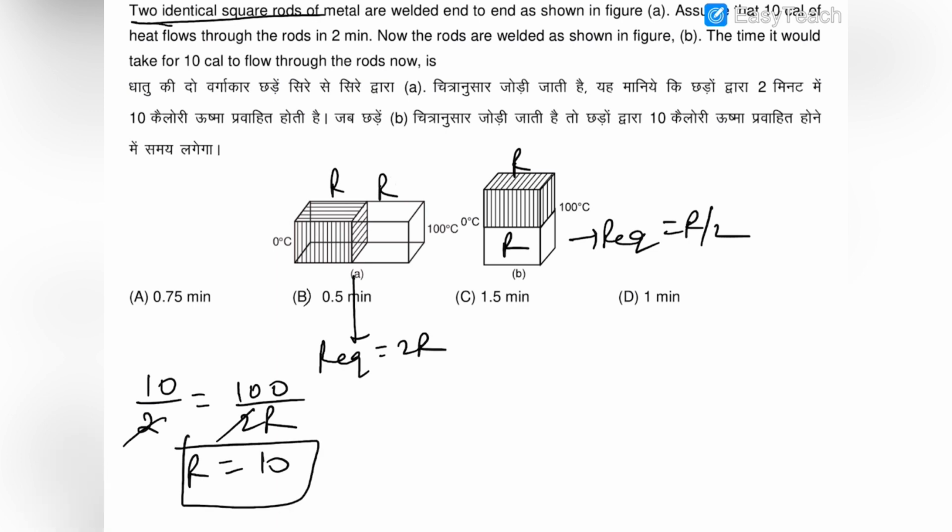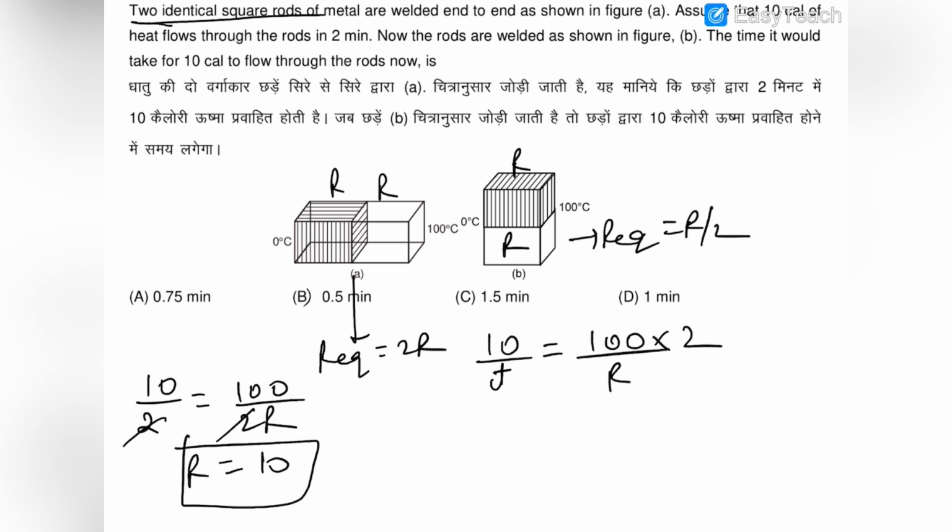Now we have to find out the time which 10 calorie heat would take to flow from this combination, which is the parallel combination. So now again, let's suppose that the time taken by this 10 calorie heat is T. So in parallel combination, the temperature difference is given as same, which is 100, and the equivalent resistance of the parallel combination will be R by 2.